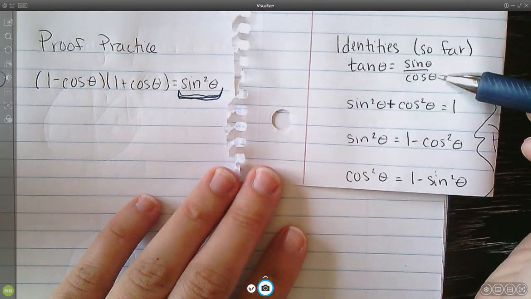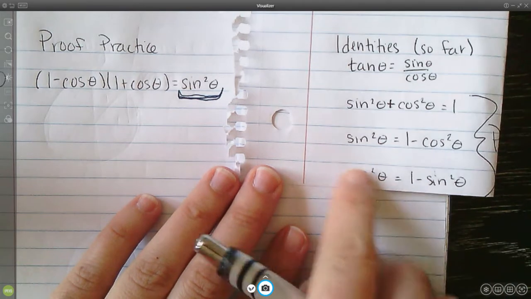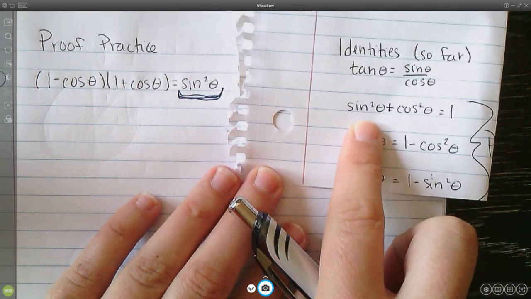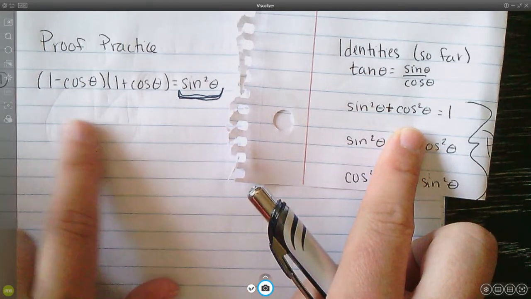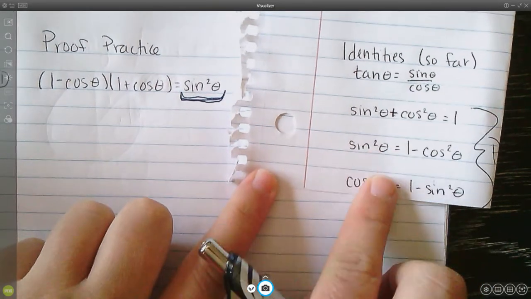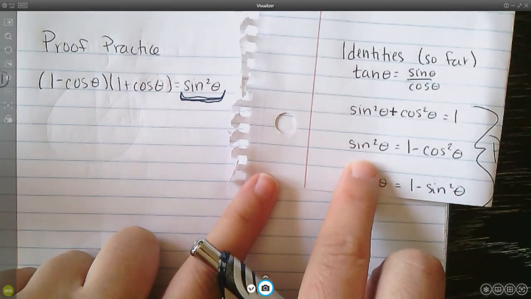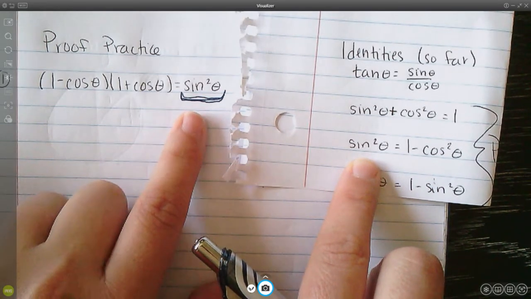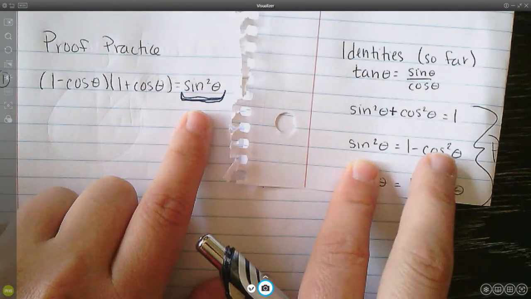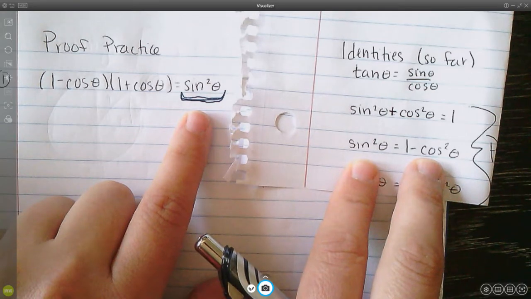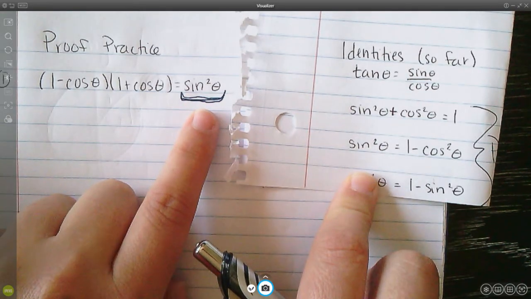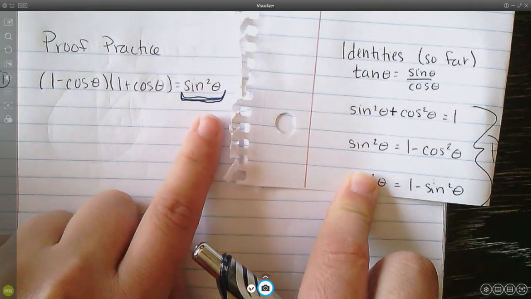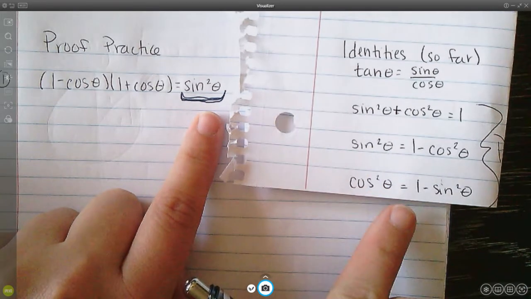We don't have any sine over cosines. We don't have sine squared theta plus cosine squared theta. That's written nowhere. We have a sine squared theta, so we could potentially change it to this, but like I said, you usually want to keep your simple side simple. So let's wait on that.